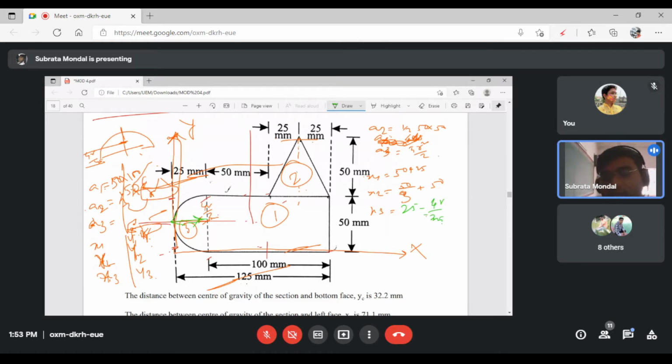Why is it minus? Suppose you have drawn a length of 10 millimeter, but your requirement is such that this particular excess portion is not an inclusion of the 10. So here it acts like this: not 25 plus 4r by 3 pi, but 25 minus 4r by 3 pi.